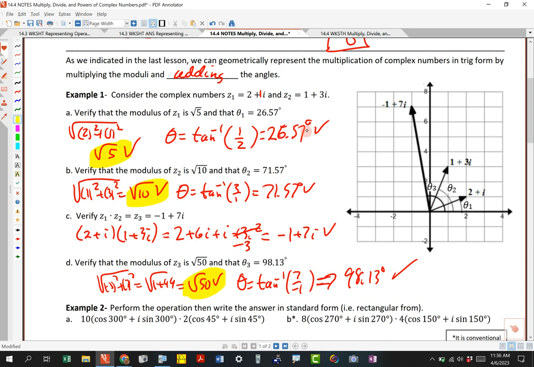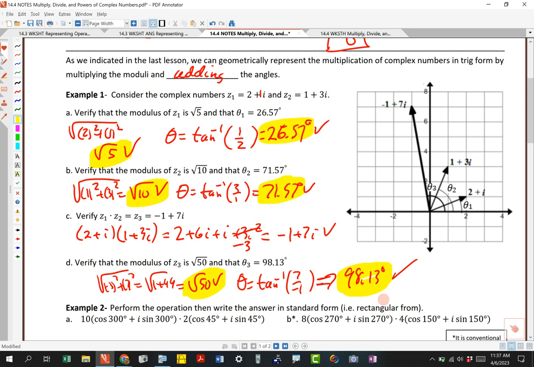Yes, I do. If I take these two angles and add them together, do I get that? Would you throw 26.57 plus 71.57 into your calculator? Do you get this, give or take some rounding error? You do, don't you? So does this multiplication method work? No doubt about it, right?